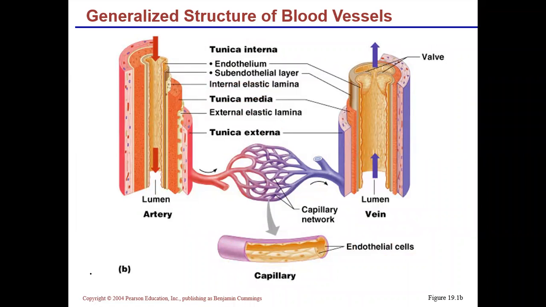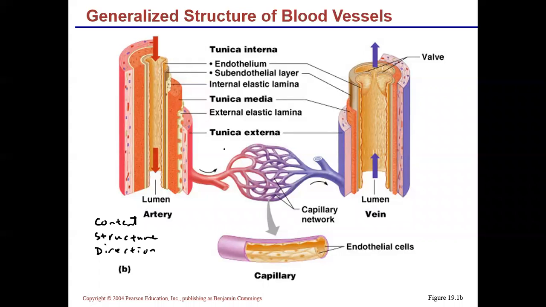Overall, we looked at the structure. You need to know the structure. We looked at direction. We looked at the content: oxygen-poor blood, oxygen-rich blood.